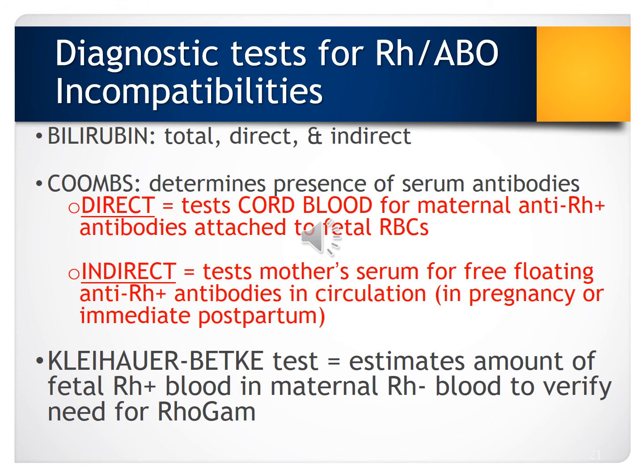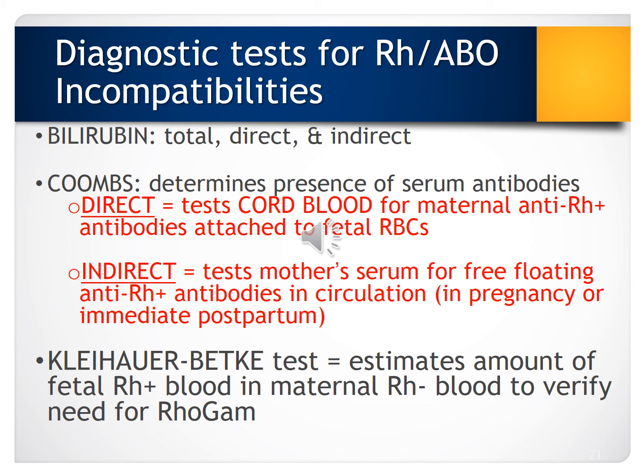Rhogam doesn't reverse that, she has already developed isoimmunization. So know the difference. Direct, is there a direct attack on the fetal red blood cells, or indirect, does this mom have free floating antibodies against RH positive blood, or the RH positive antigen?